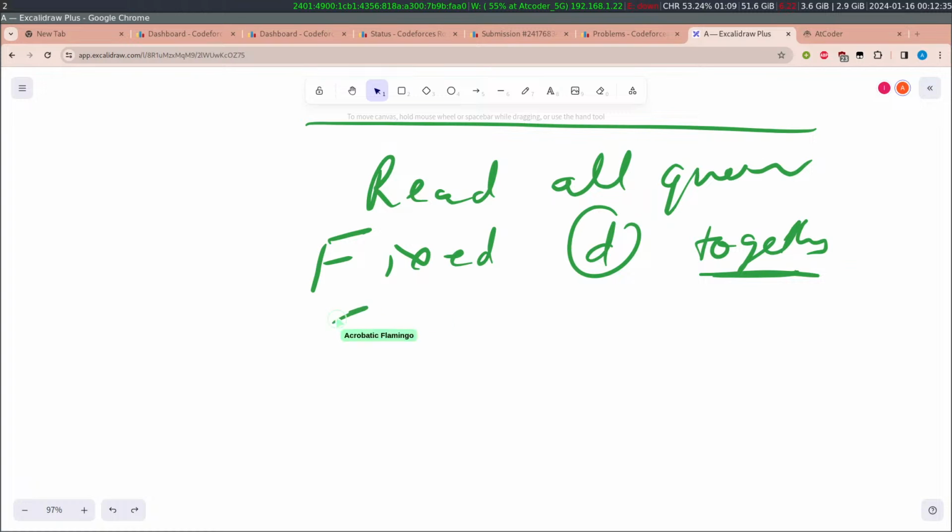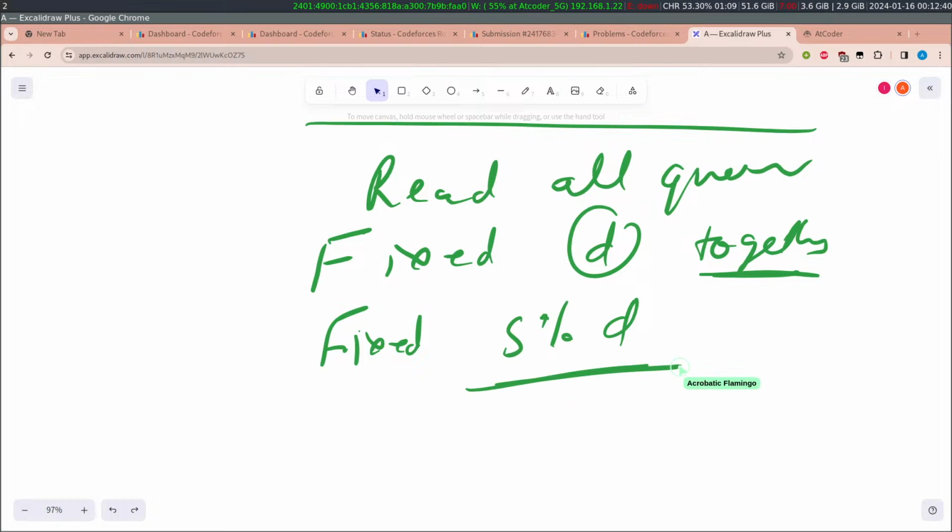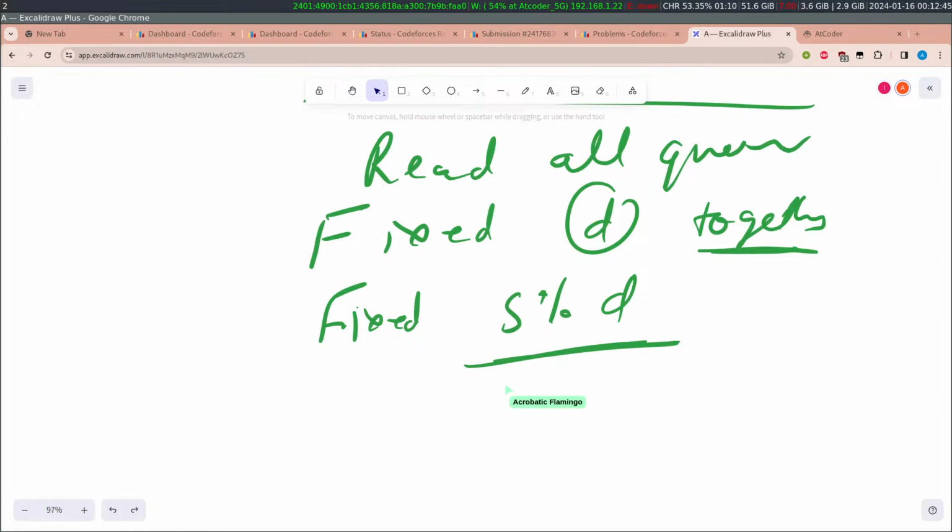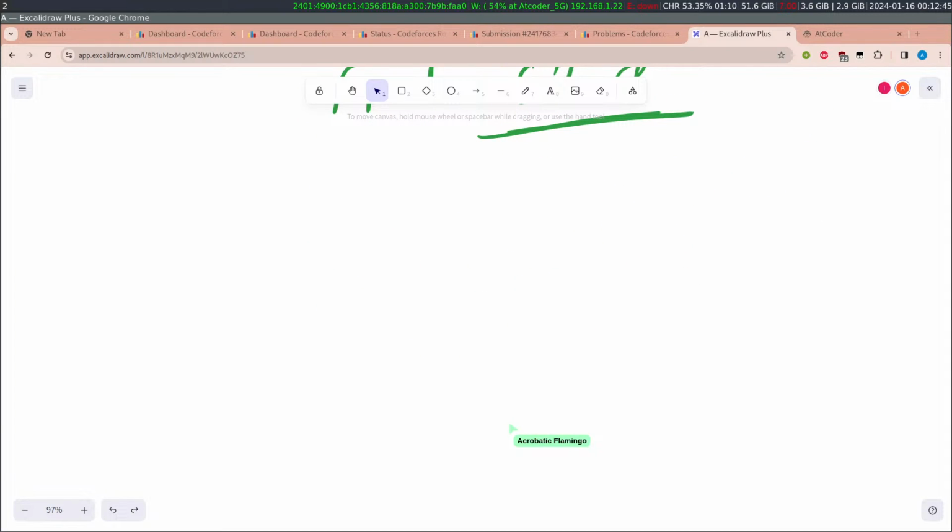So the idea is, once you group all such queries together, then let's say your s mod d is r.